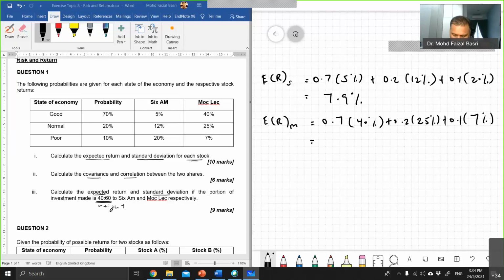So I have here 33.7%. Okay, let me try again. So technically, these would be our expected returns for the first and the second stocks. Even though the total marks is 10, so far we have 4 marks for the time being, for the ER.